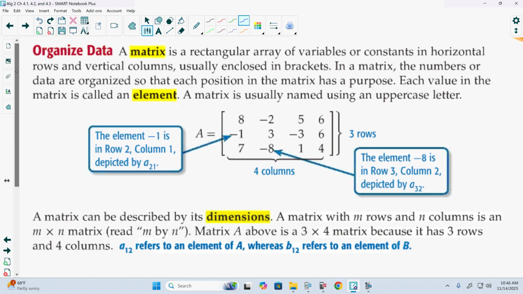Those 2 numbers tell us the row and column. So a21 would be the number in the second row, first column. So it would be -1. If we said a14, a14 would be the first row, fourth column. So a14 would be 6.